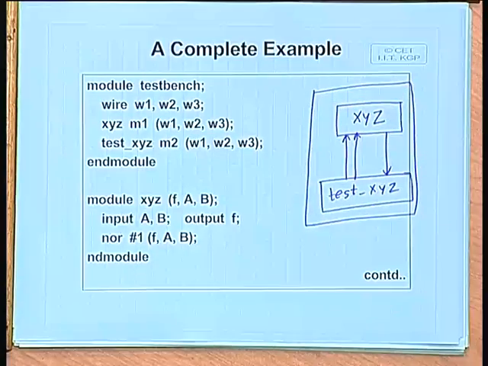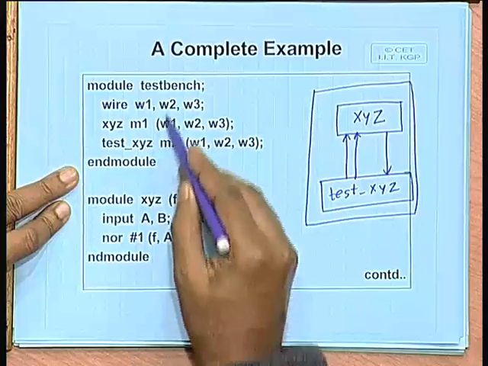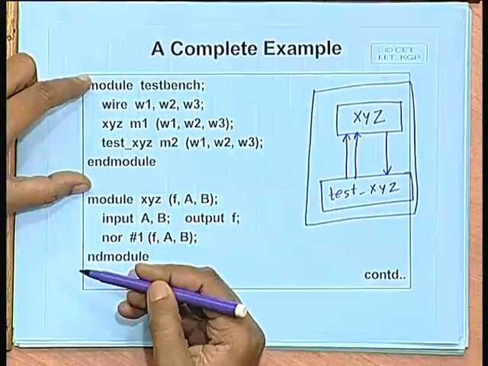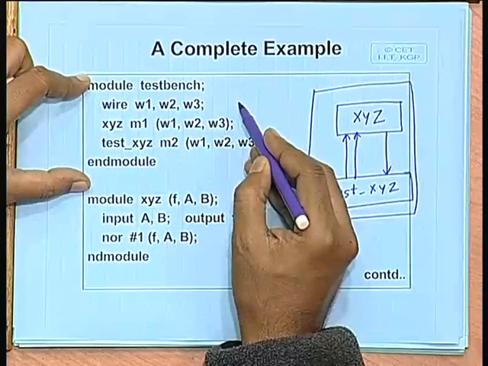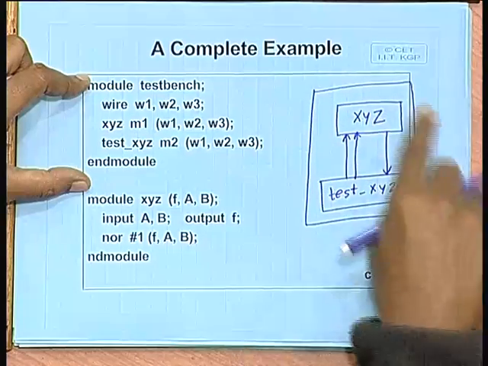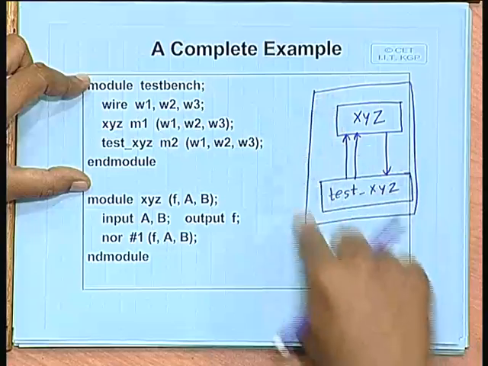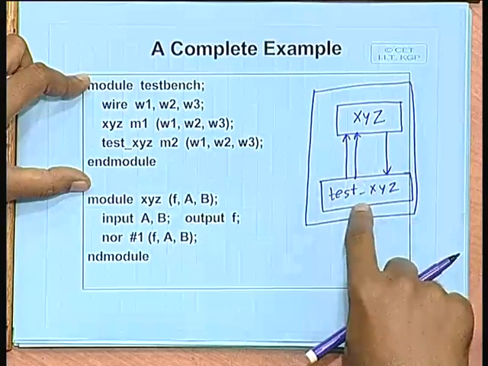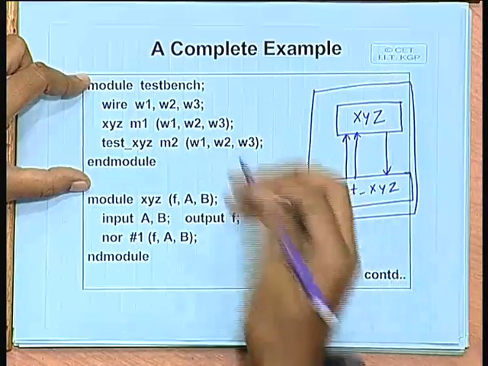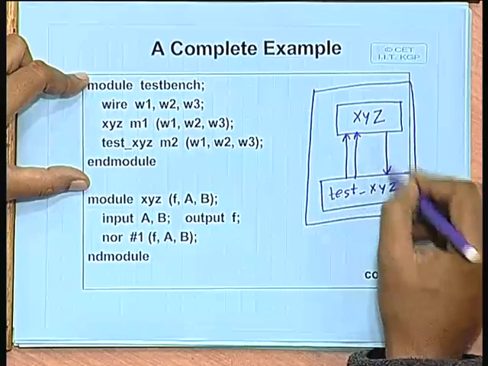Let us see how. This first module has no parameters, because this is the top level module. A top level module is just like a black box, nothing goes in and nothing goes out. It simply encapsulates the module and the test bench, nothing else. In this example there are 3 interconnecting signals.